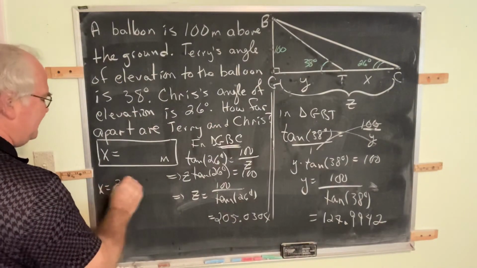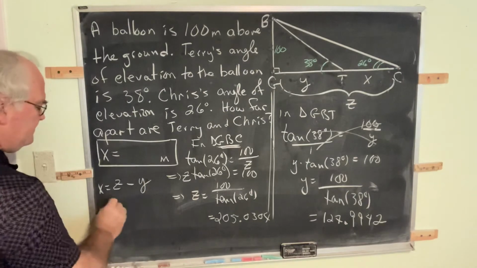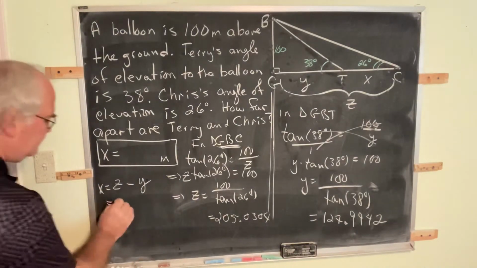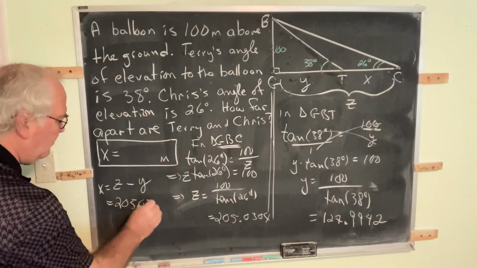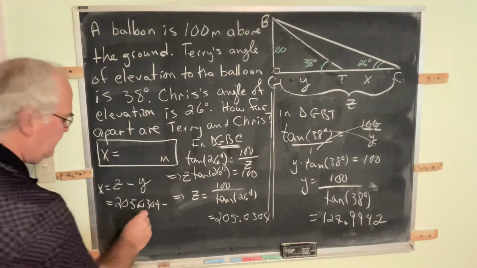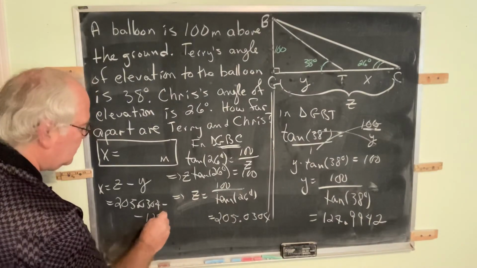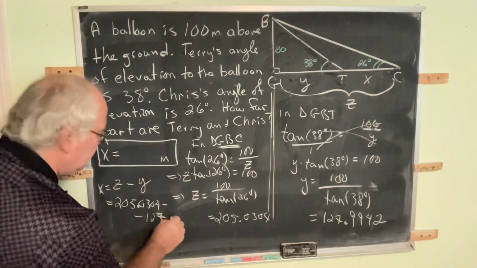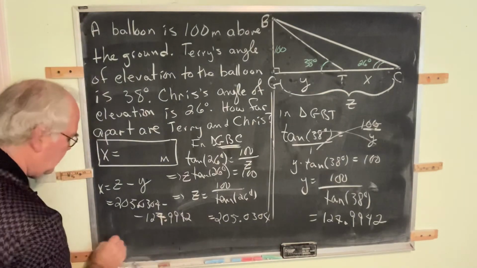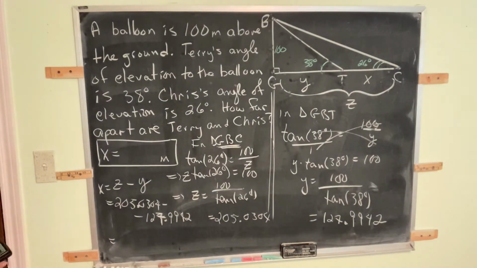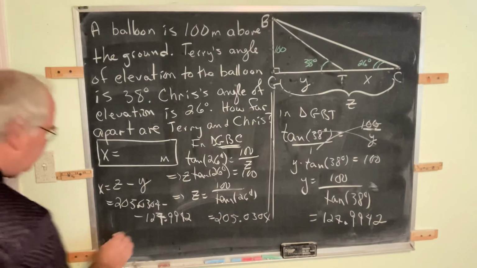So that's distance Z minus distance Y. 205.0304 minus 127.9942. And that gives us 77.0362.